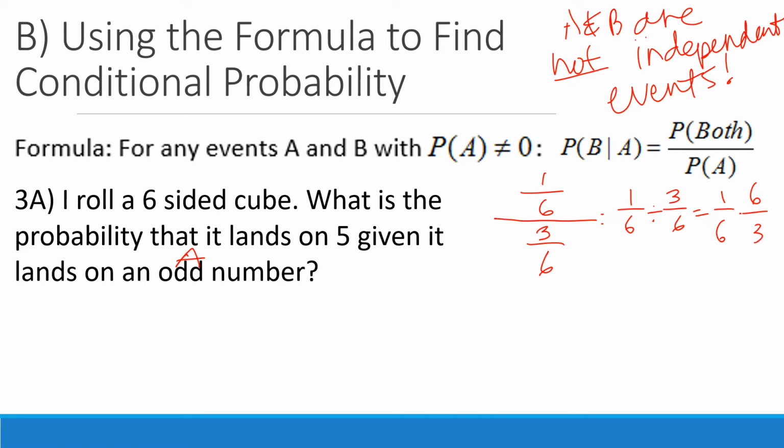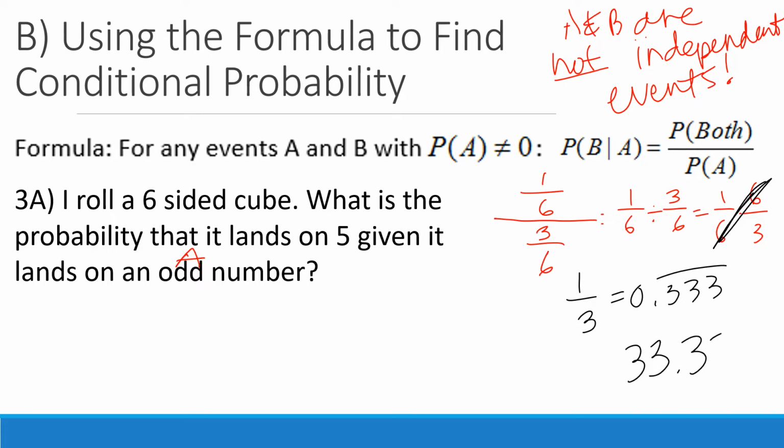What ends up happening is our denominators sometimes cancel, and then you're left with 1 over 3 as your answer, or 0.333 repeating, or 33.3% probability that you roll and land on a 5 given that it lands on an odd number. So again, your odd number portion is A, landing on a 5 is B. Because it says given, our B comes first, our A is second.